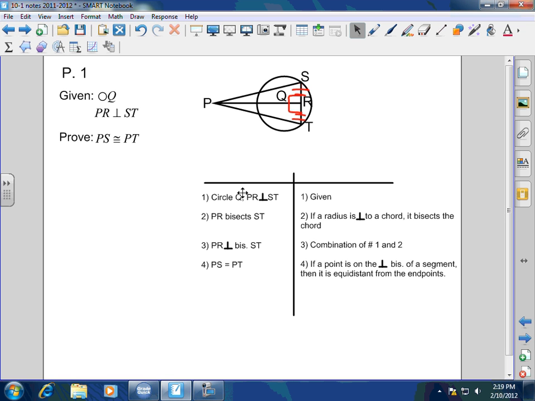The proof is that PS is congruent to PT because of the equidistance theorem. Okay? Look, since PR is perpendicular bisector to ST, doesn't that mean that T and S are equidistant to both P and R? So, because of the equidistance theorem, PS must be congruent to PT. Yes, sir?